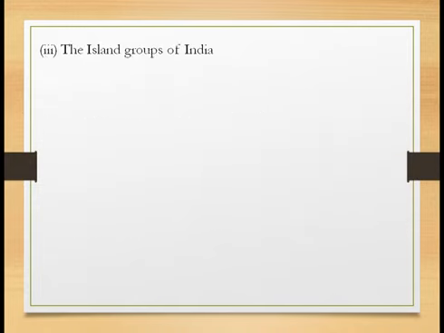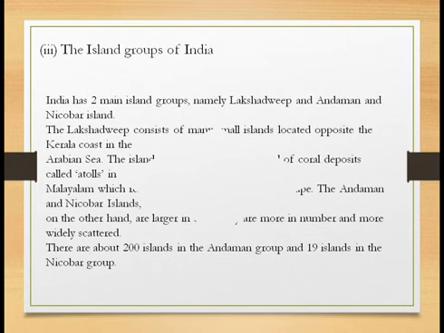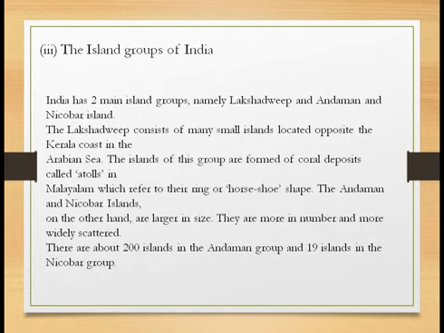Next, the island groups of India. We have 2 island groups. India has 2 main island groups, namely Lakshadweep and Andaman and Nicobar. Lakshadweep has many small islands located opposite the Kerala coast in the Arabian Sea.